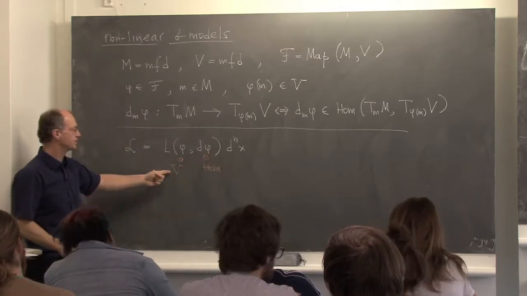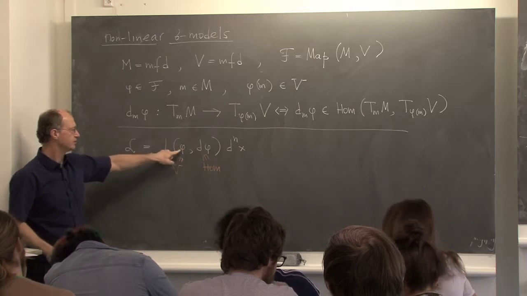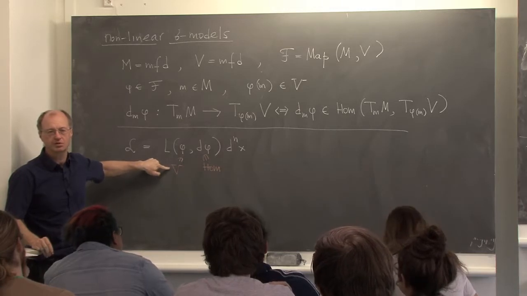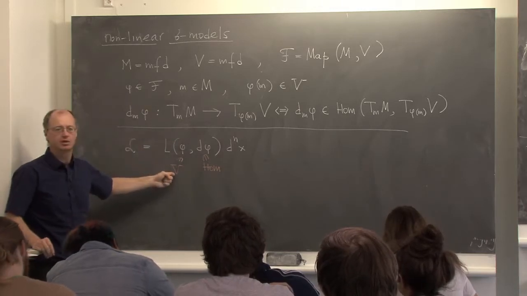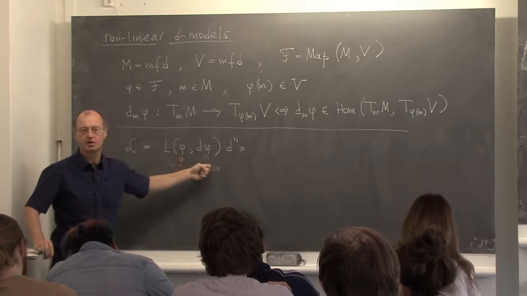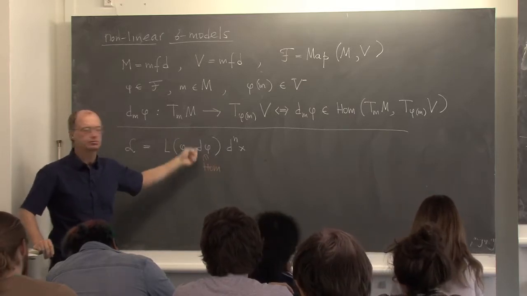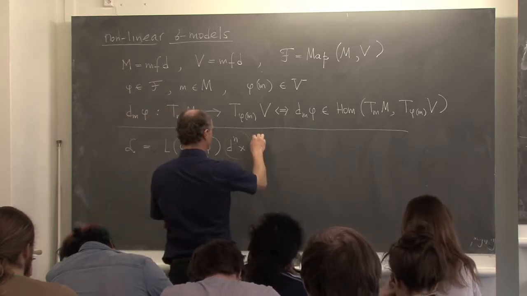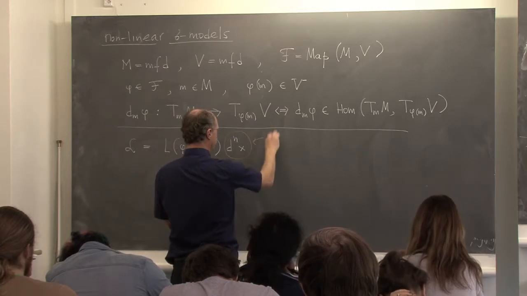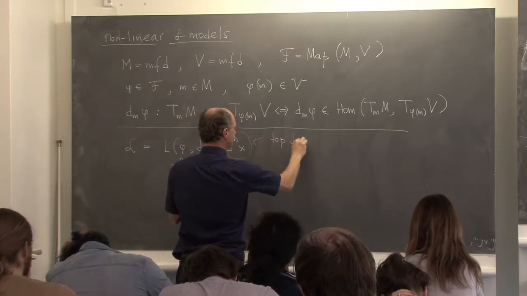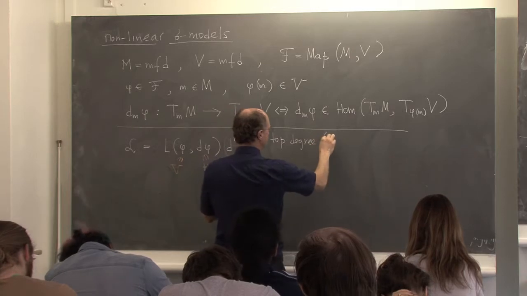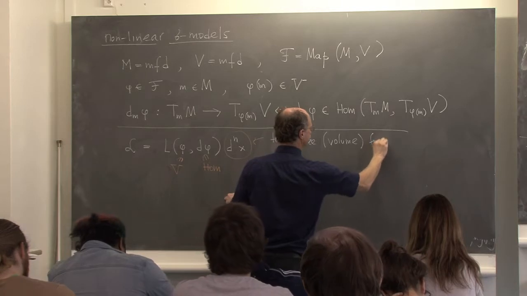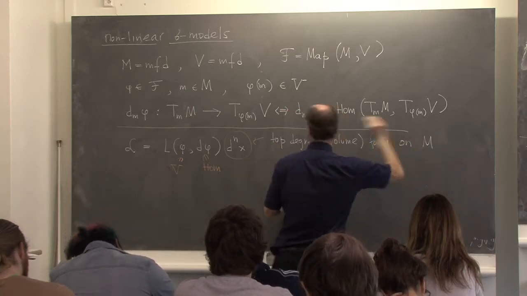Now it does not make that much sense to ask that the dependence on phi be polynomial, because we don't know what that means. So it's just a function on V. Here we can still require the dependence to be polynomial, which sounds reasonable. Now d^n x should be, again, a top degree, perhaps non-vanishing, volume form on M.